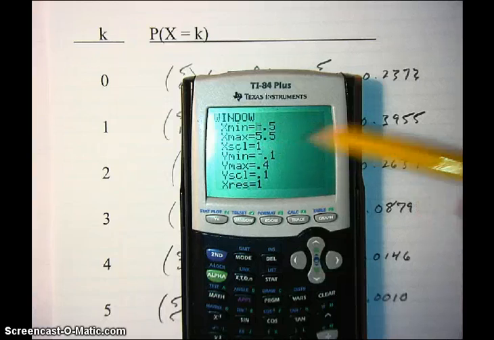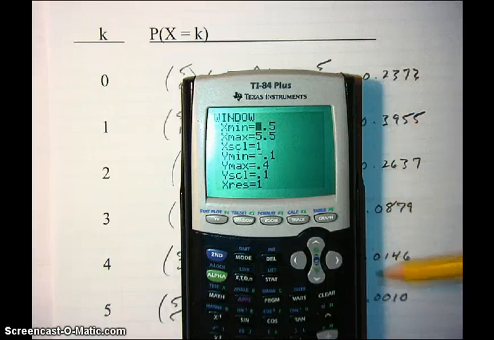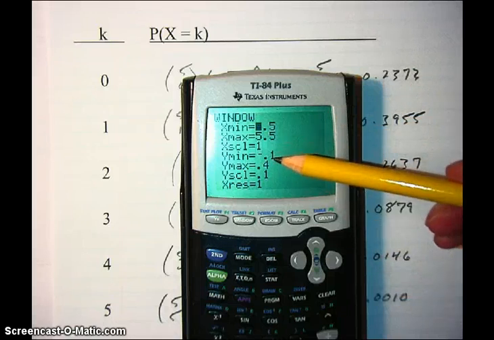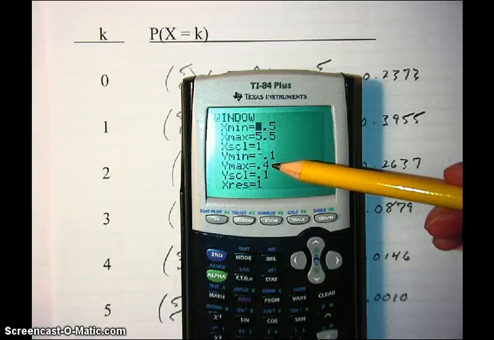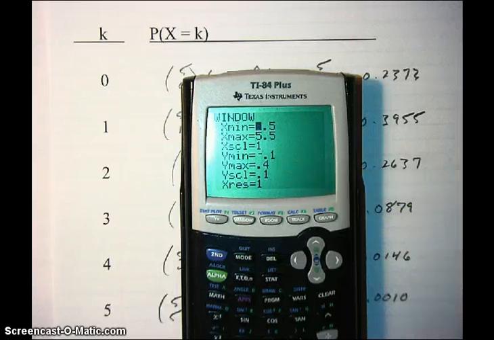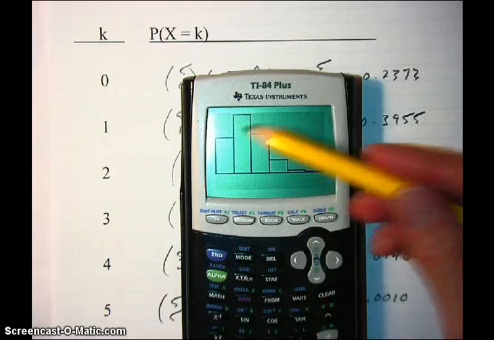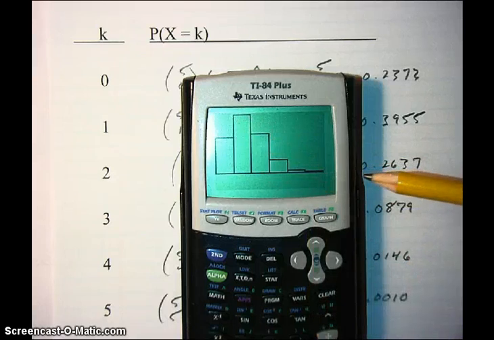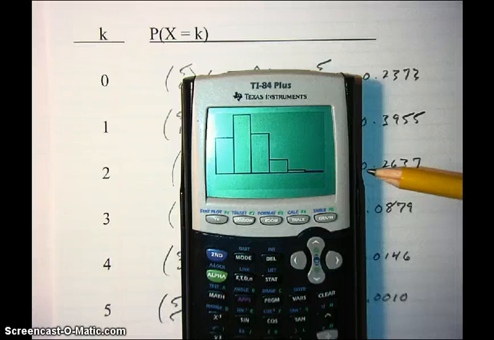And then if you know roughly where your probabilities are going to wind up, you can make your y's run from about negative 0.1 to say positive 0.4. That's going to vary from situation to situation, but you can experiment with that and make your y-scale be 0.1, and then when you draw the graph, it comes out looking the way a probability histogram should look.